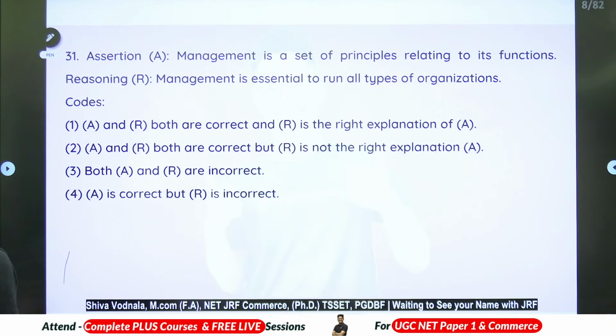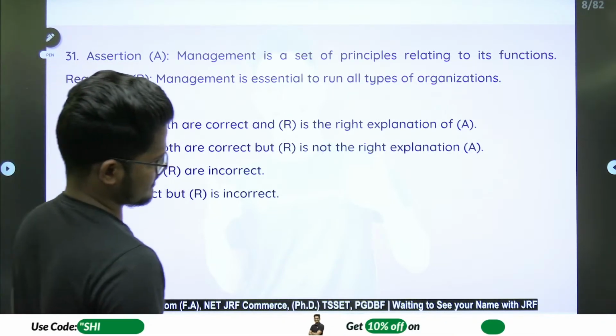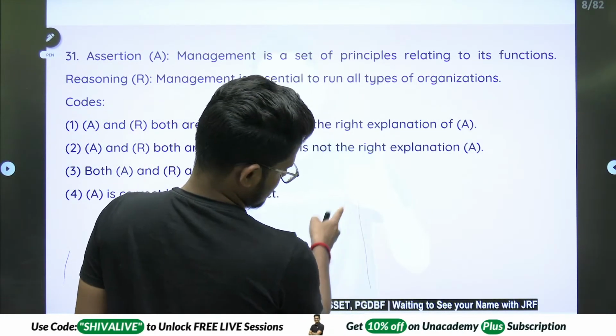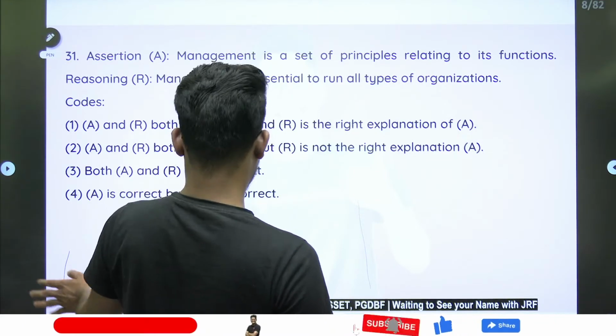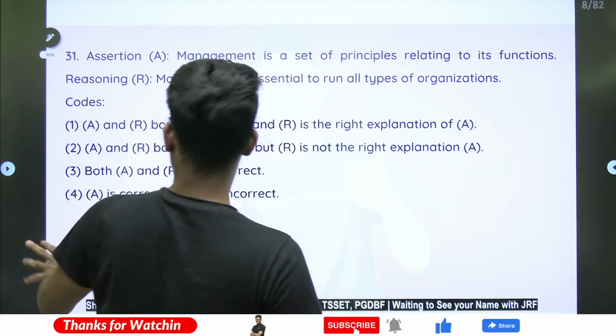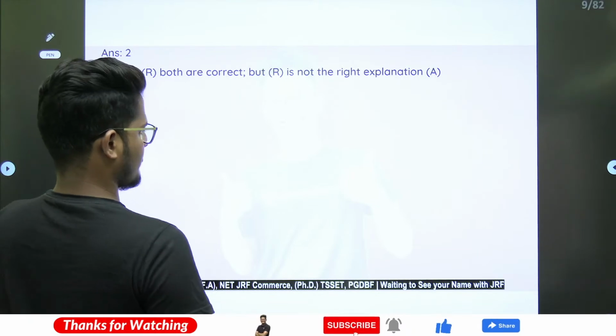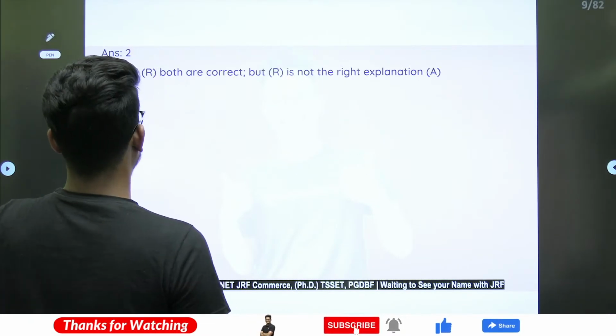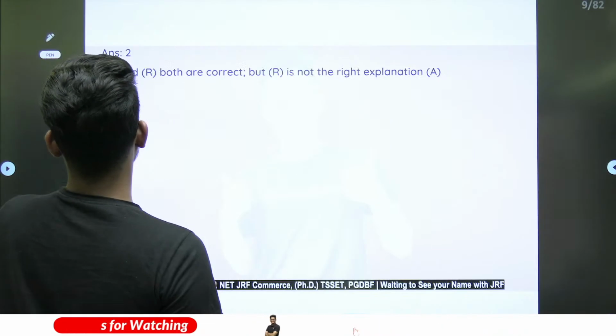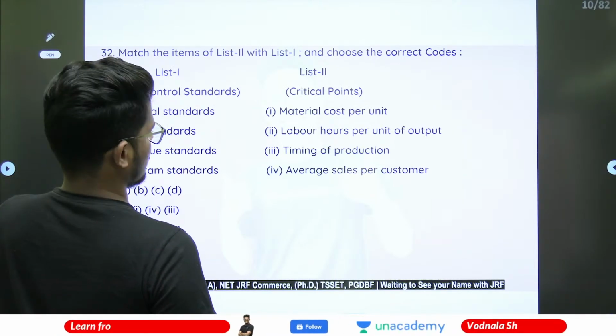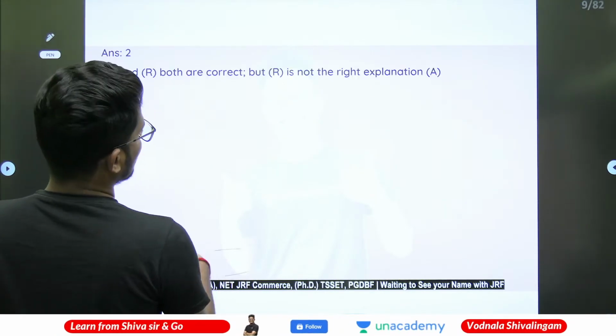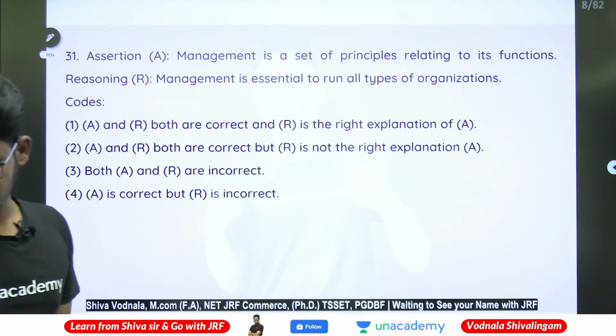What happened to this page? It is coming like this. I think it is visible now properly. Okay, okay.